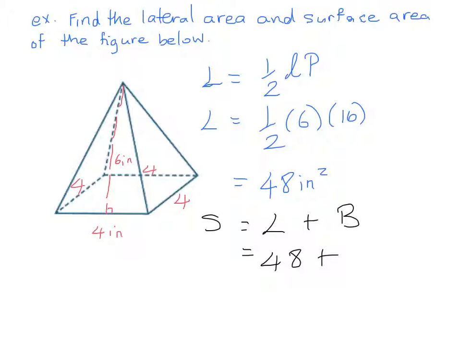And fortunately for us, this is just a square, and you know that the area of a square is base times height, so our base is 4 and our height is also 4. So that means that the surface area of this figure is going to be 64 inches squared.